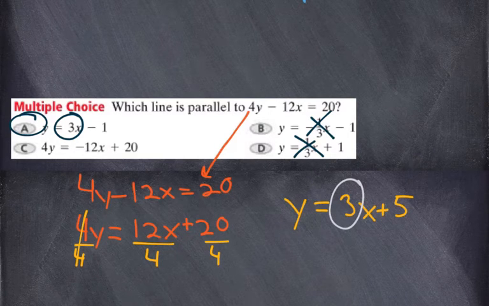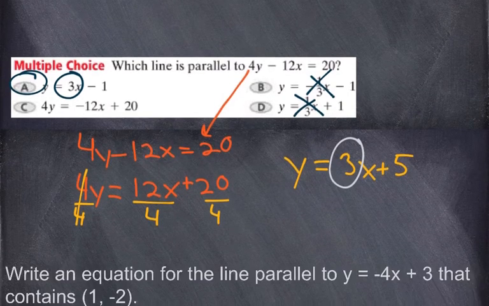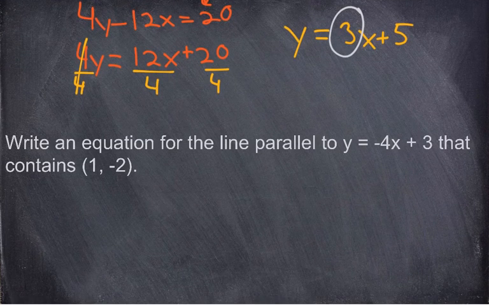Okay? Now let's talk about that equation. Write an equation for the line parallel to y equals negative 4x plus 3 that contains 1, negative 2. Now if you're given an equation of a line and you're trying to find another one that's parallel, all you need is that slope right there.